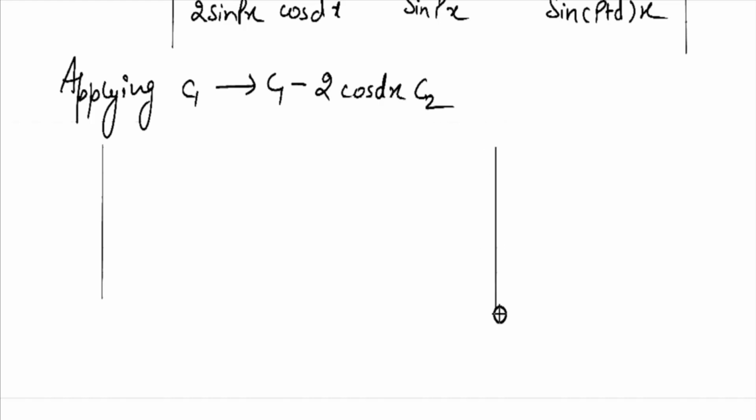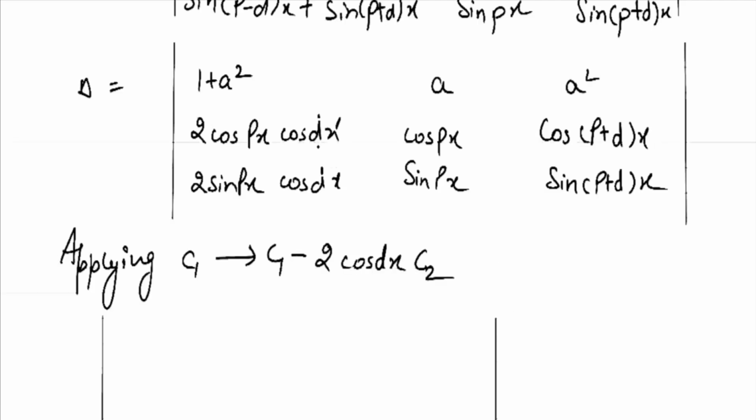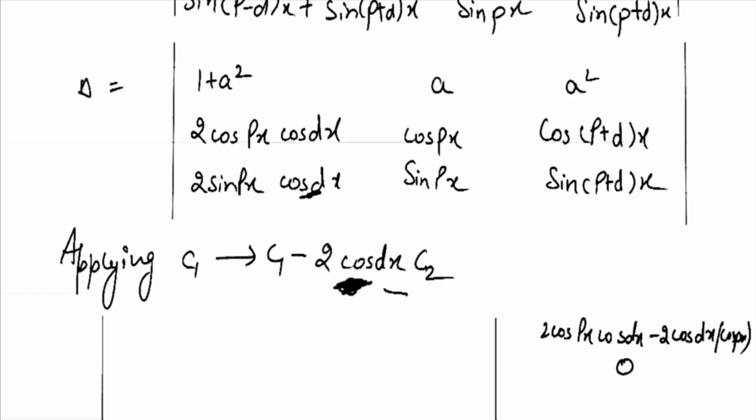Let me tell you one thing: in column first, 2 cos px cos dx minus 2 cos px cos dx, so this is what we will get: 0. Similarly, in the other case, after multiplying, it will also be the same thing. Understand it? So let's start.